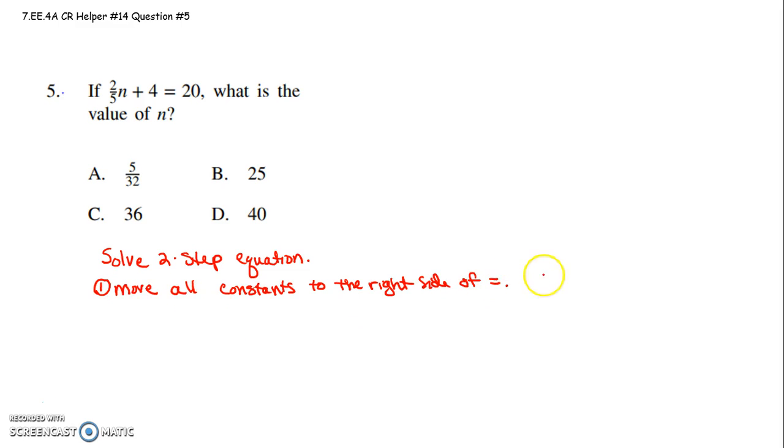And we do that by undoing the addition or subtraction. So let's take a look at that.